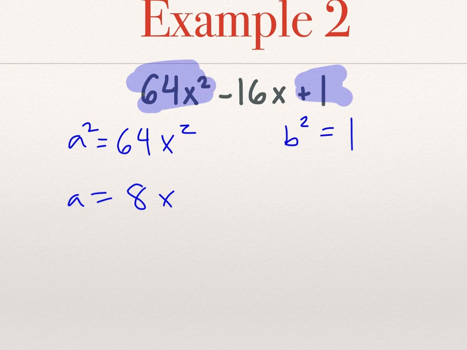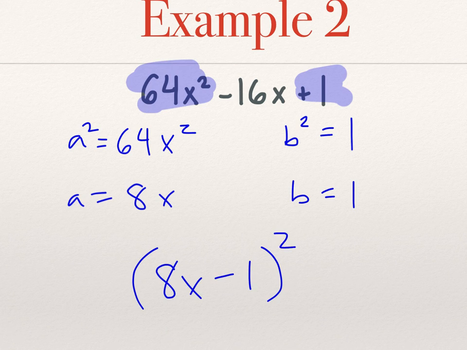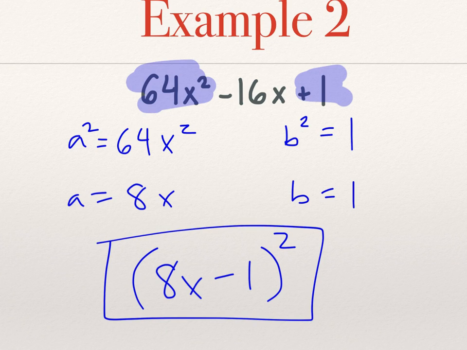If b squared is equal to 1, b is just 1. So 1 times 1 is 1, so our b is 1. Now we just put a minus b into our parentheses, so we have 8x minus 1 squared. Since we had a minus in our equation, we have a minus in our answer.